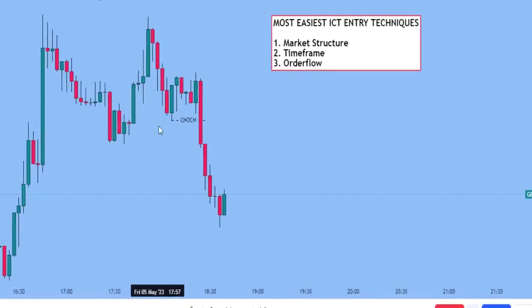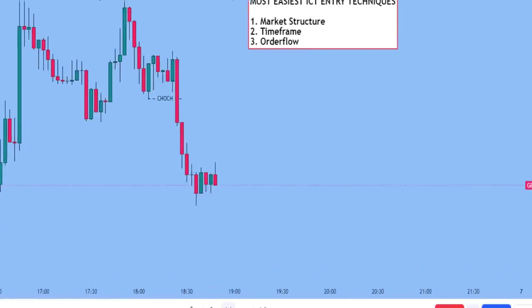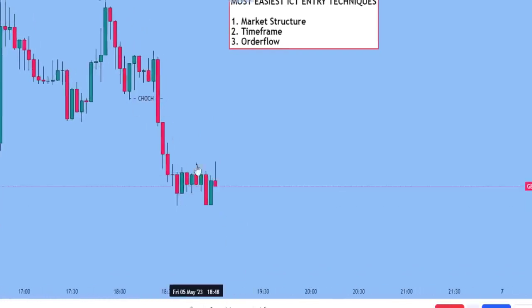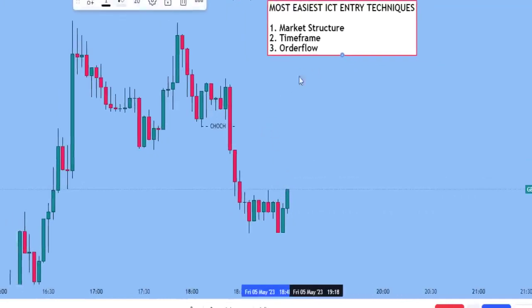What you saw was a change of character, and then price was moving to this area. Every time price takes external liquidity, it comes back to an internal range liquidity. An internal range liquidity can be found around an order block, a fair value gap, or a liquidity void. Please don't forget: an order block, fair value gap, or a liquidity void.